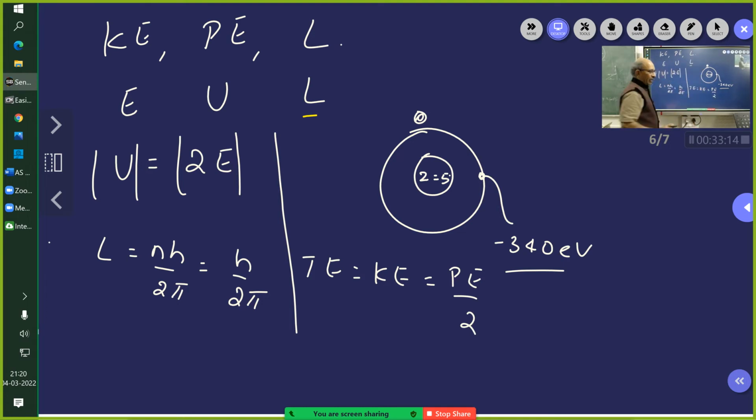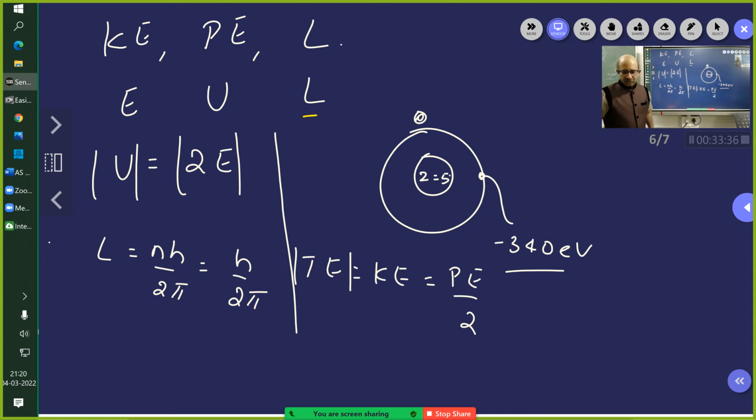That is what we proved in yesterday's class. I'm writing only the magnitudes. Going by this, the kinetic energy will be 340 electron volts.